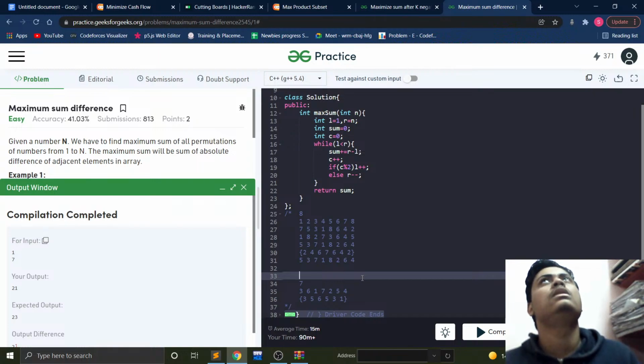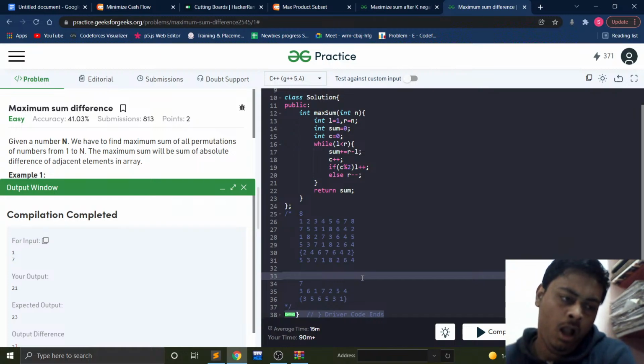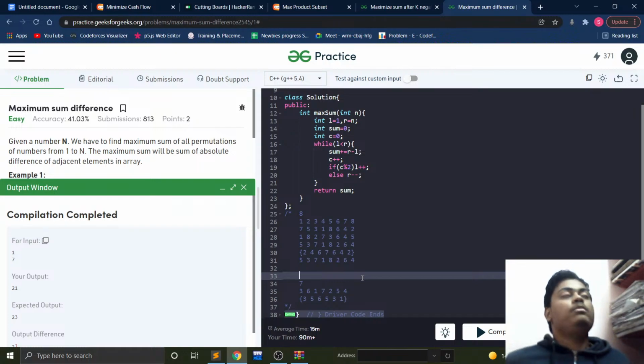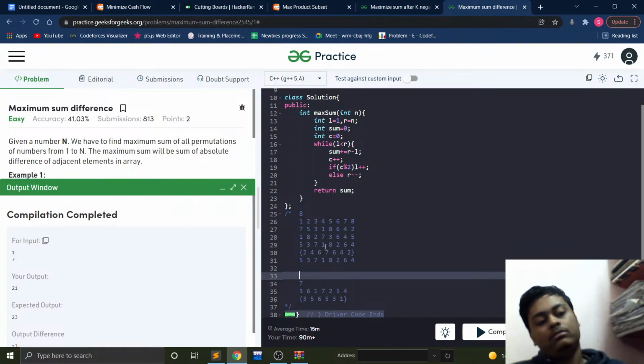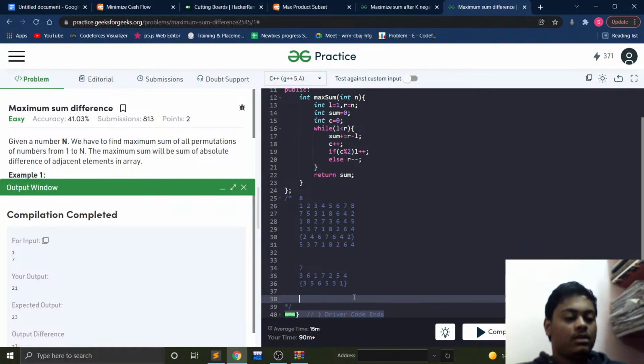For 2 it is just 1. For 3, we have 1 plus 2. For 8 we have 2 6 4 times 2 plus n minus 1. Okay, this is a nice problem, a new type of pattern which I saw.